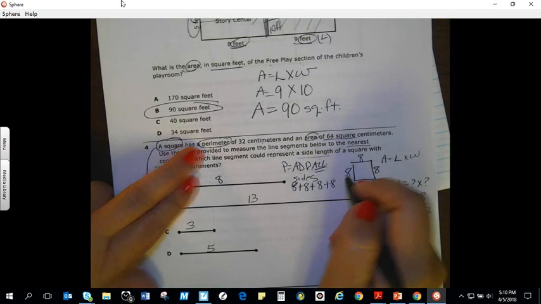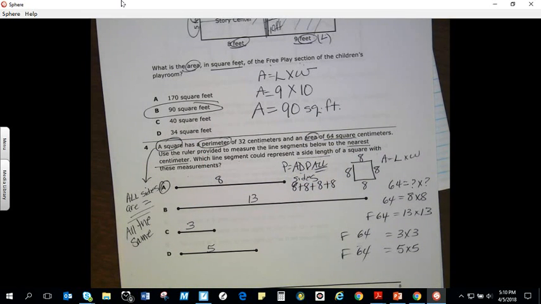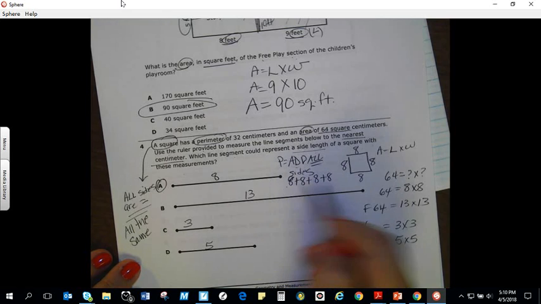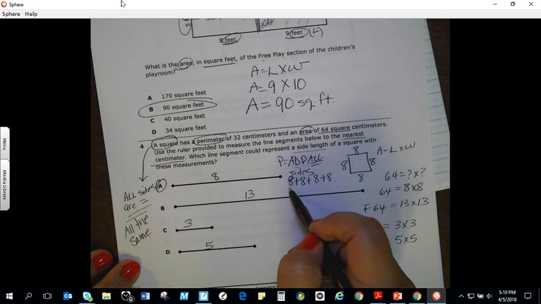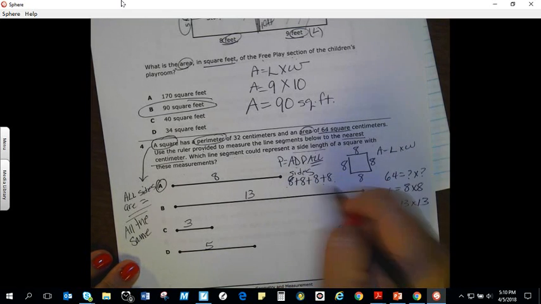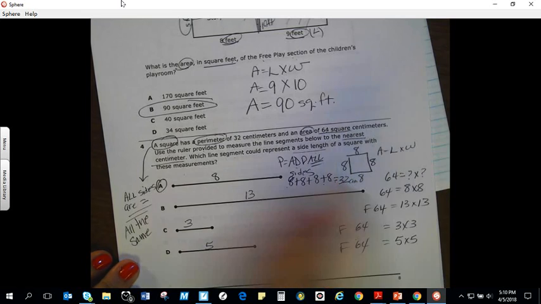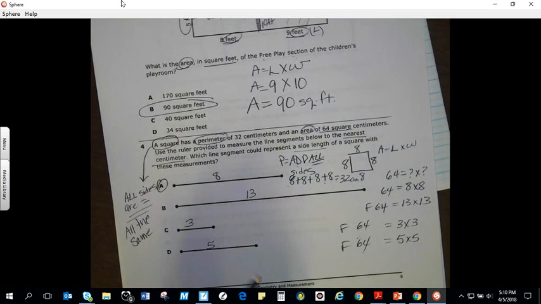Again, that is repeated addition, or 8 groups of 4, or 4 groups of 8, or 8 plus 8 plus 8 plus 8, and that equals 32 centimeters. So A is my answer on that one.